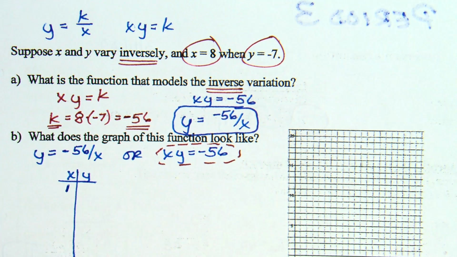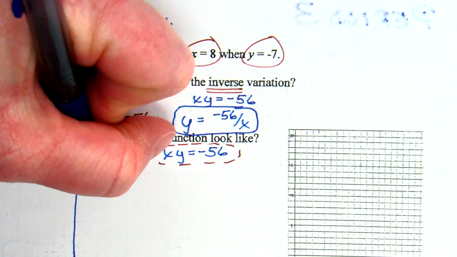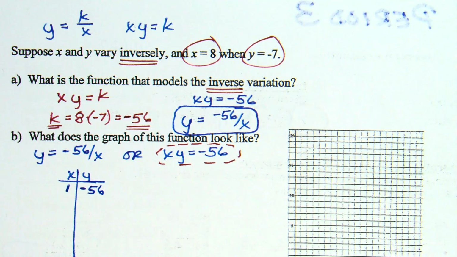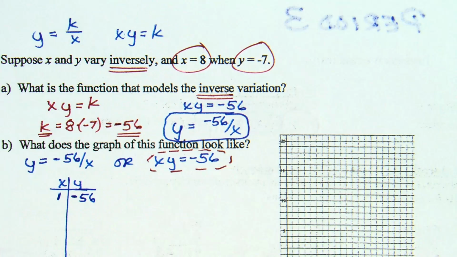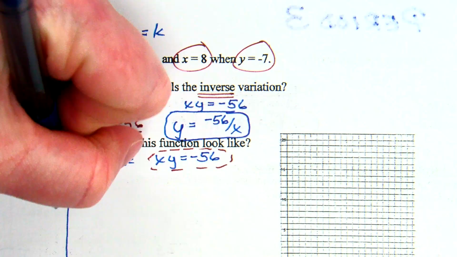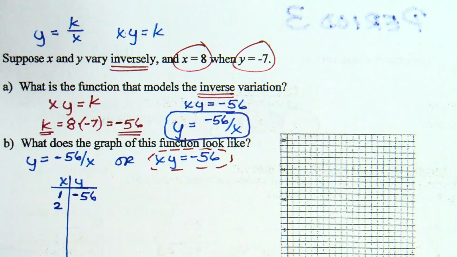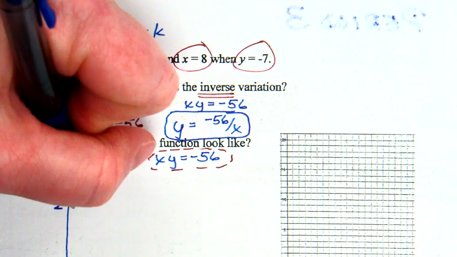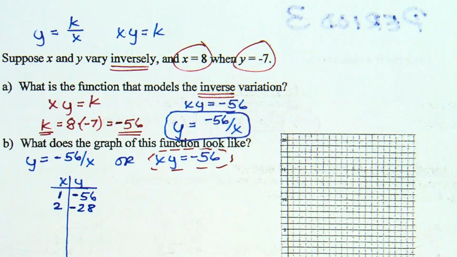Now, in order for it to multiply to be a negative, we have to have one of our two numbers being negative. So, for right now, I'm going to say 1 times negative 56. Does 2 go into 56? Yeah, 2 times what? 28. So, it's going to be 2 times negative 28.